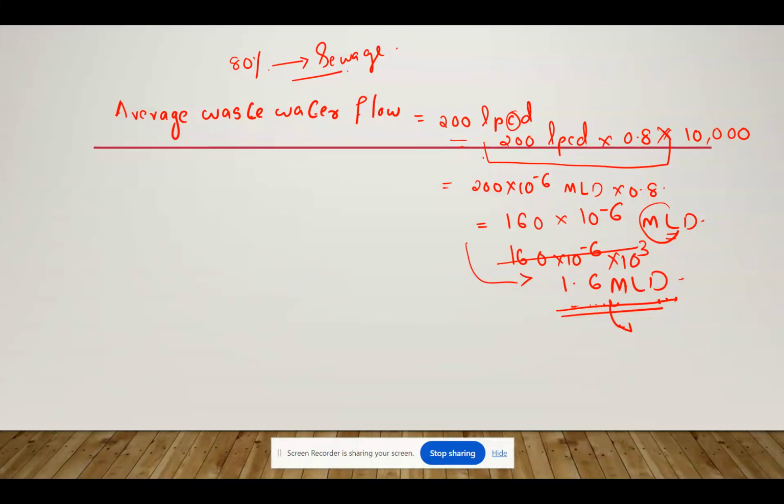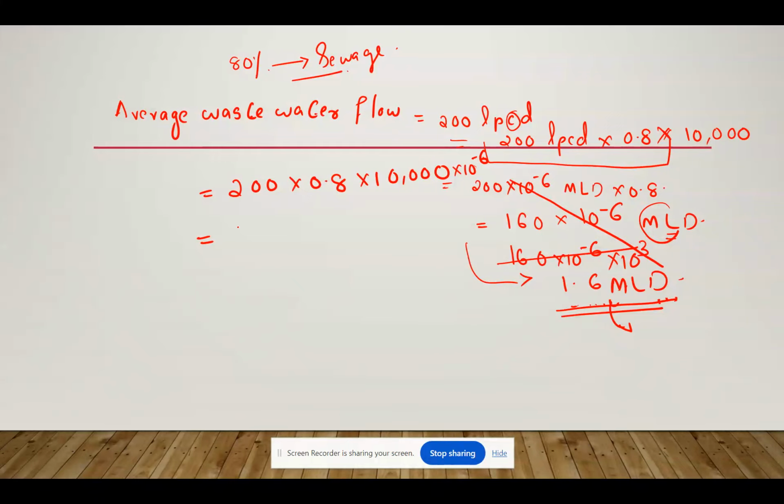Did you calculate this? Here you have to calculate 200 LPCD into 0.8. It is the percentage of water which is going for the sewage. Then you have to multiply with the number of people in the city to eliminate the capita. Then you have to convert this LPCD value into MLD, that is, you have to multiply with 10 to the power minus 6.